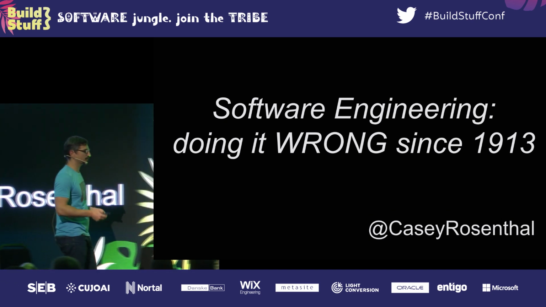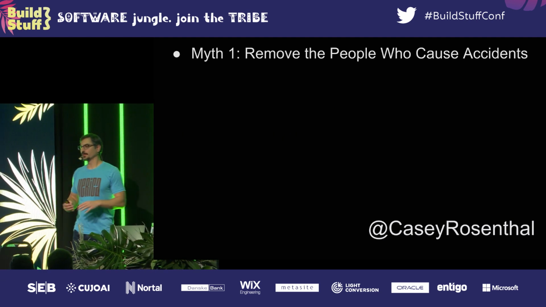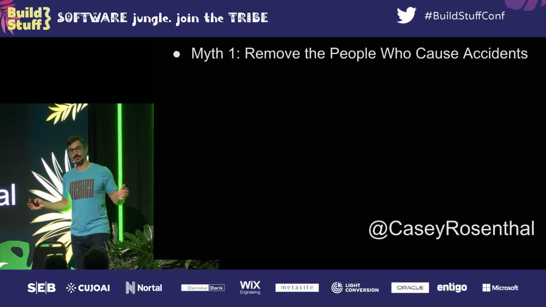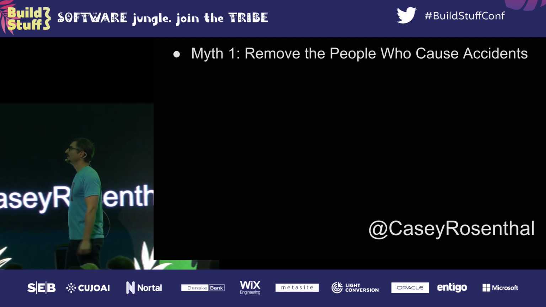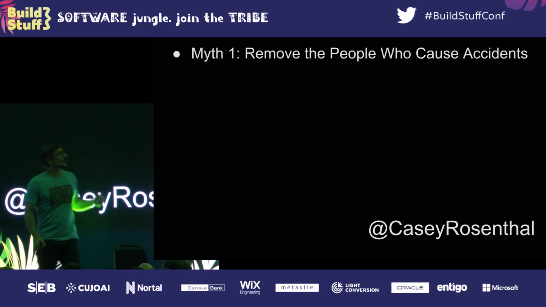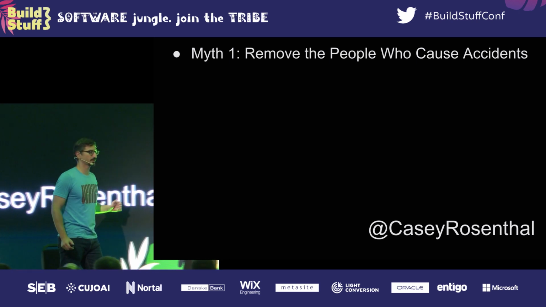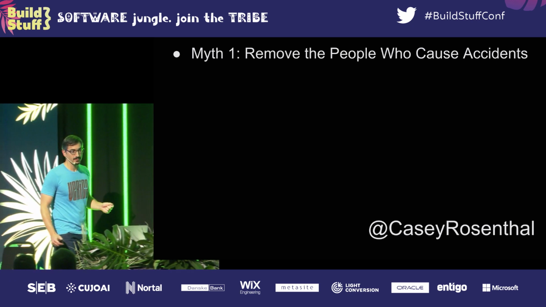So we've got a lot of work to do. I want to mention a couple of myths. Again, these are the things that we have to overcome in order to have safer systems. By safety, I mean availability or security. First myth: if we remove the people who cause accidents, we can make our system safer. A lot of people think this.